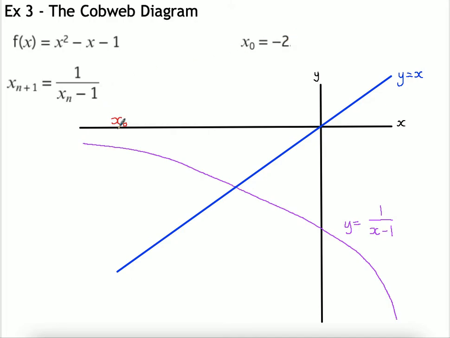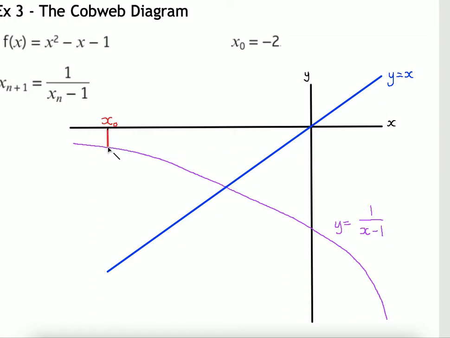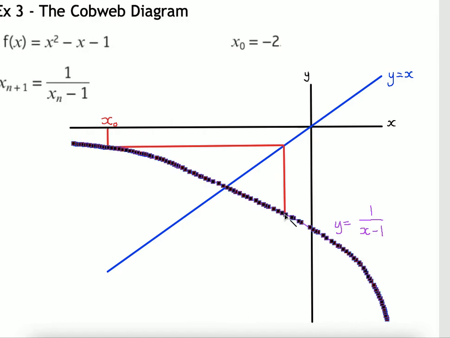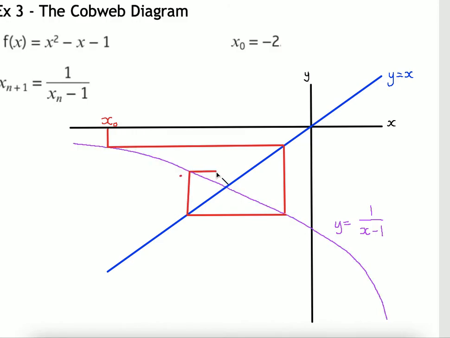So what will happen this time is our initial input is -2, and we're going to go down to our function, and then join that up to y equals x, and then back down to our function, and then back across to y equals x, and then back up to our function, and then to our line, to our function, to our line, to our function, and you can see that this is spiraling inwards closer and closer to the root of our function, and this is called a cobweb diagram.